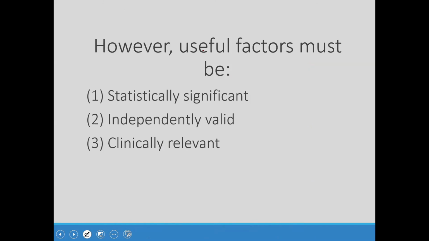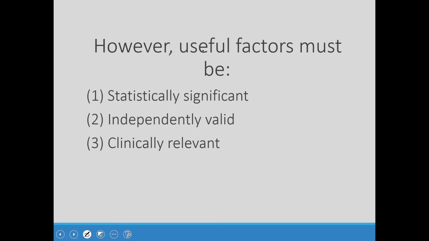This is just one of many possible ways by which you can subclassify some of these prognostic factors, but I think it's important to remember that just because you can do something that looks cute and looks very colorful and may even be valid scientifically, it's not helpful unless it meets a few important criteria.